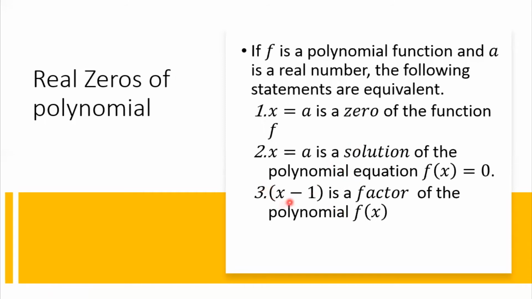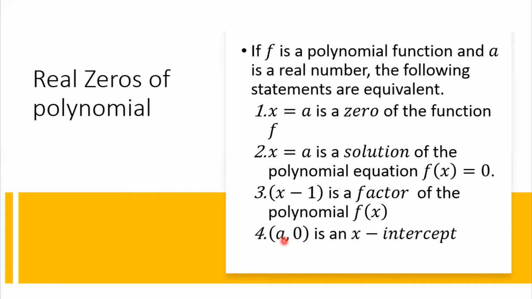Now, quantity x minus a is a factor of the polynomial f of x. For example, we have f of x is equal to quantity x minus 4 raised to 3. Then x minus 4 is a factor of the polynomial function. Number 4, the ordered pair a, 0 is an x-intercept.